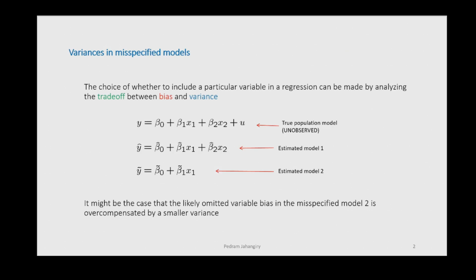Okay, so in the previous lecture, we talked about over-specification and under-specification. We said that if we have any kind of misspecification in the model, we need to see what will happen to the unbiasedness, look at the expected value, and the variance. We have already seen what will happen to the variance of beta hat 1, beta hat 2, and so on in the case of over-specification and under-specification.